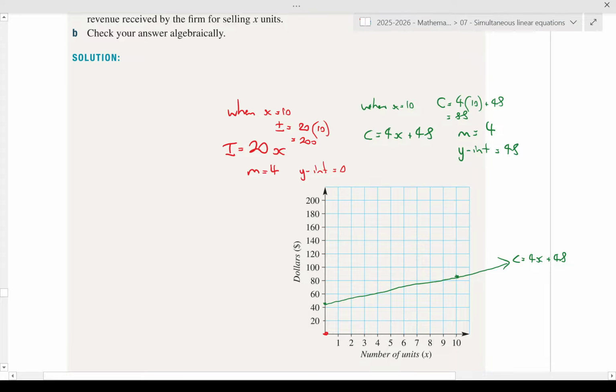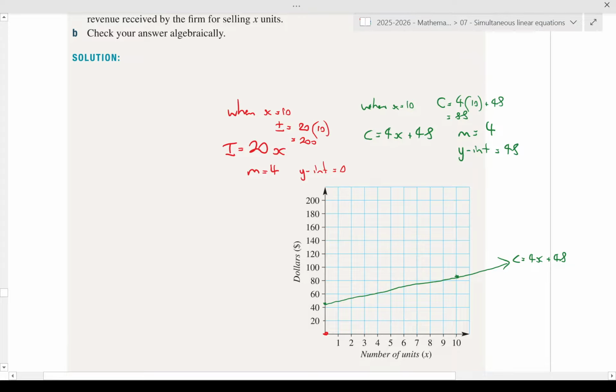That is a really handy thing to do. Okay, the other thing is, I don't know why I said the gradient is 4. The gradient is 20, sorry. The good thing is that it indicates a gradient of 20. So it's almost as though they drew this graph so that we could. So there you go.